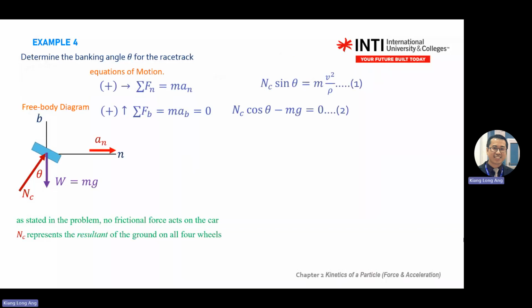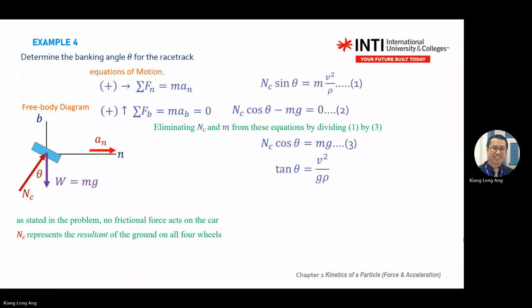So from there, you are solving two equations. Eliminate NC and m. You move this one so that you have NC on one side, m on the right-hand side, so you can compare left and right.